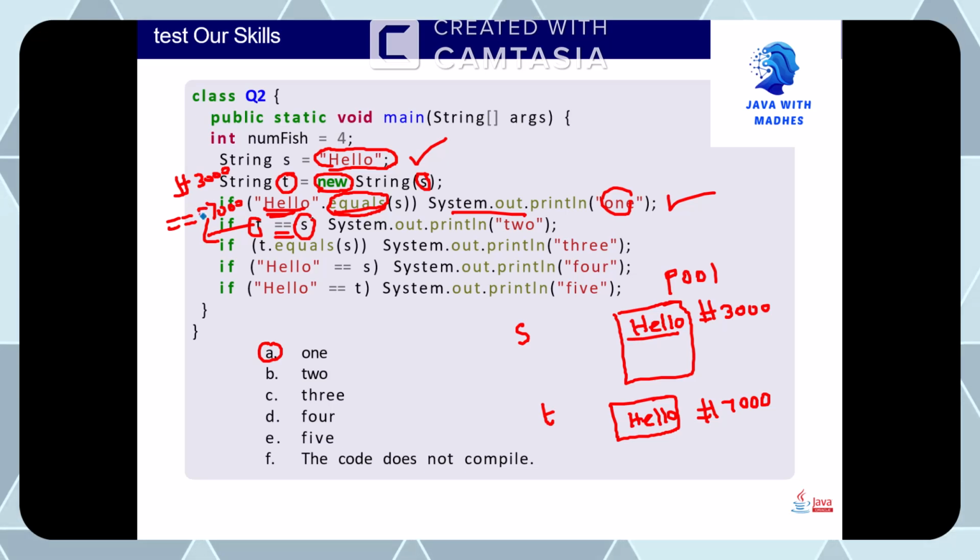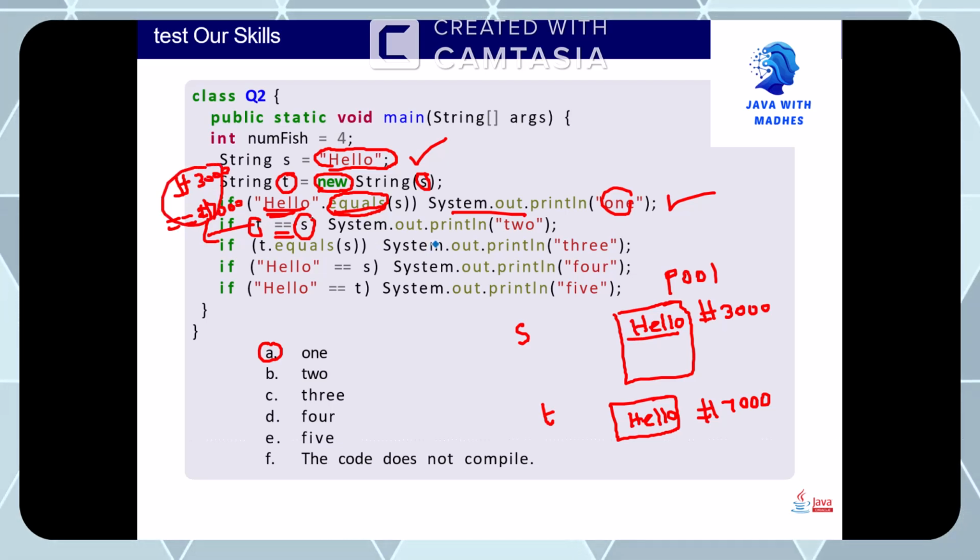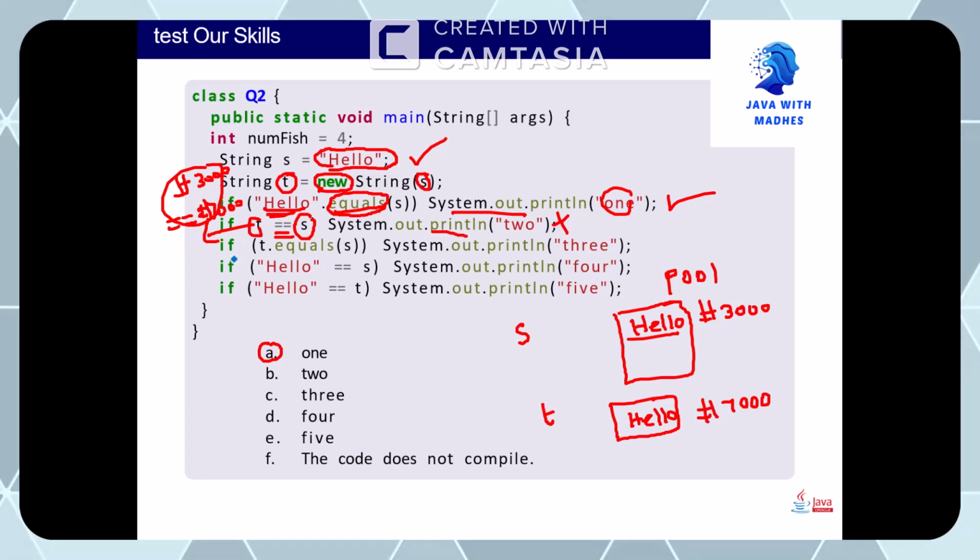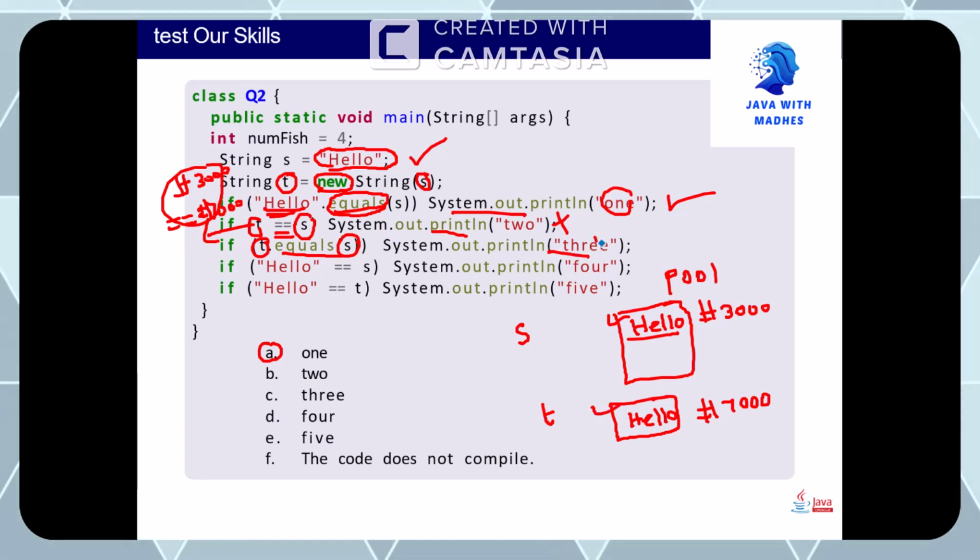So the == operator always compares the reference, not the content. So this becomes false, and this 2 won't get printed. Then t.equals(s). The equals method always compares the content. In s we have hello and in t also we have hello. Then we are printing 3.